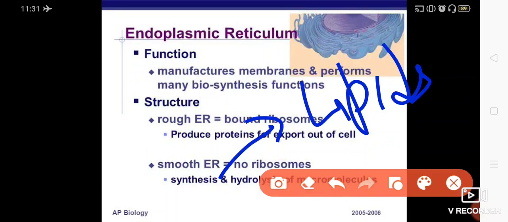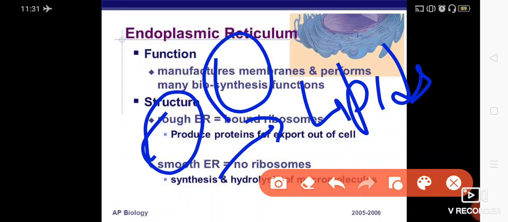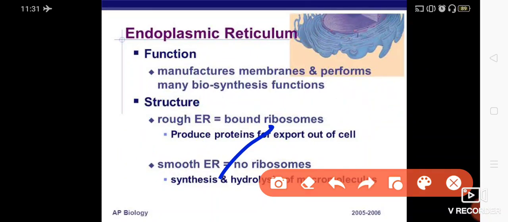Other than that, it also forms the Golgi body. It forms lysosomes. It is the storehouse of glycogen, that is the simple form of the lipids. Exchange of material is done by that. So these are some of the functions.